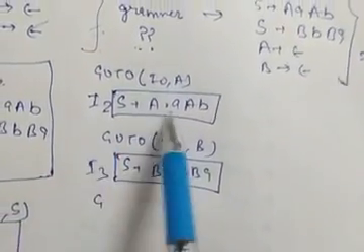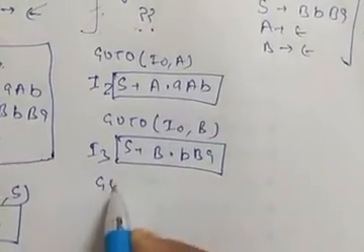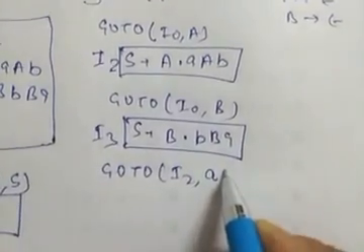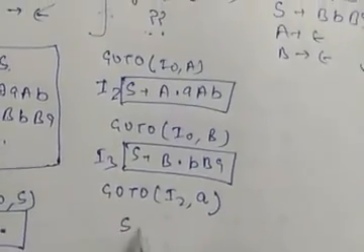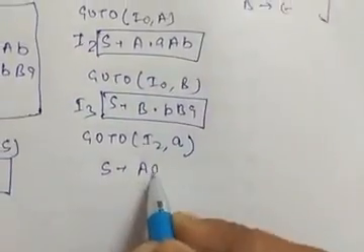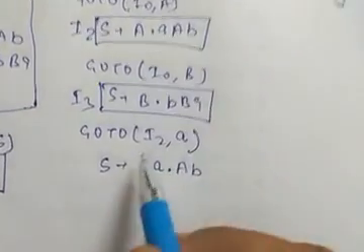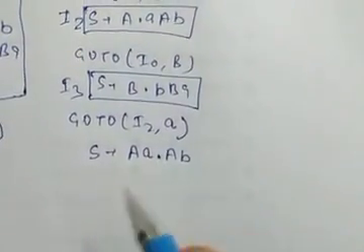In I2 there is an element after the dot, A, so we will find goto I2 of A, and it will become S to A A dot A B. As we know, when finding the goto, the dot position moves forward.